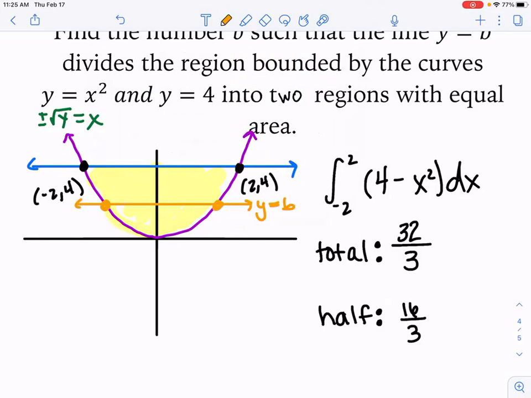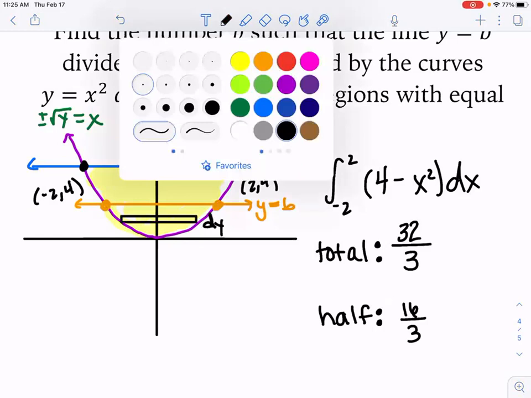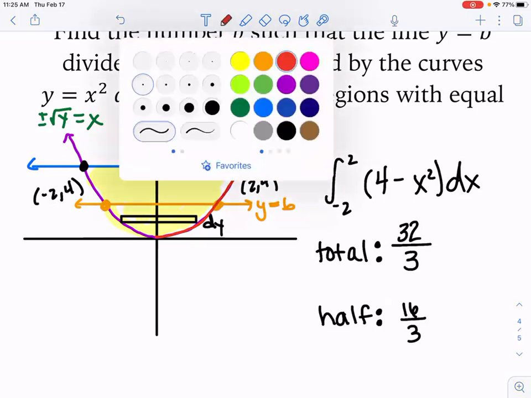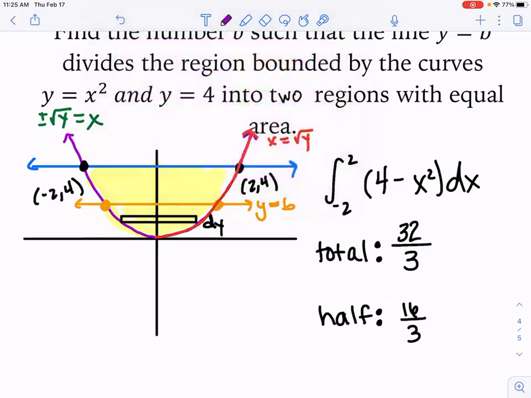Okay, so my suggestion would be, well, if we want to just use y, we don't have to worry about x. So let's go with respect to y, which means we would need to change these. This guy would be x equals radical y, and this guy would be x equals negative radical y.